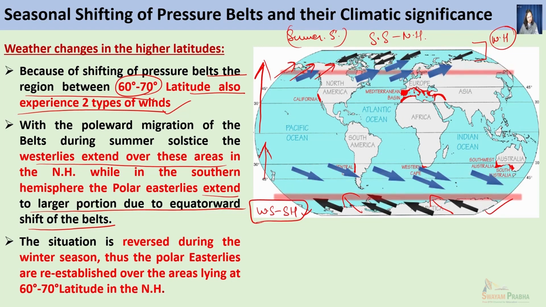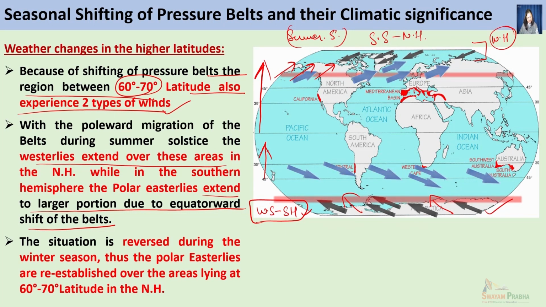Besides this, the situation is reversed, as you can see, with the winter solstice, that is when you have winters in the northern hemisphere, the sun is over the Tropic of Capricorn, that is the southern hemisphere receives more insolation. So all these belts tend to shift towards the southern hemisphere, and the situation is reversed, which leads to shifting of winds also.